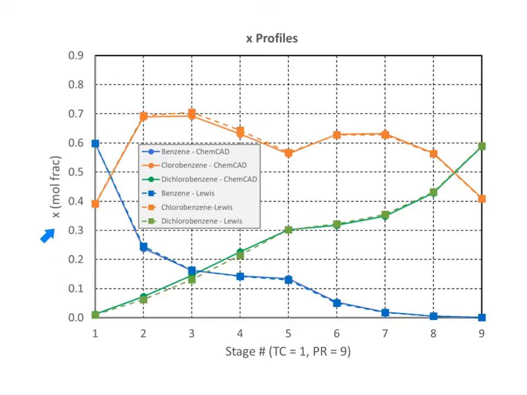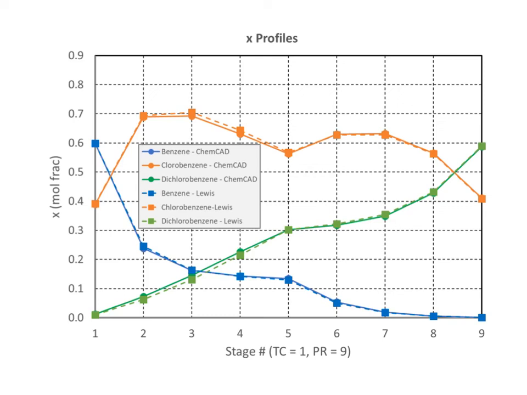Here is the liquid phase composition plotted versus stage, and the 3 chemicals are shown here. This is the benzene, and it has the highest concentration at the total condenser and goes down fairly steadily with a little kink here at the feed tray and is almost completely gone by the time we get to the partial reboiler.